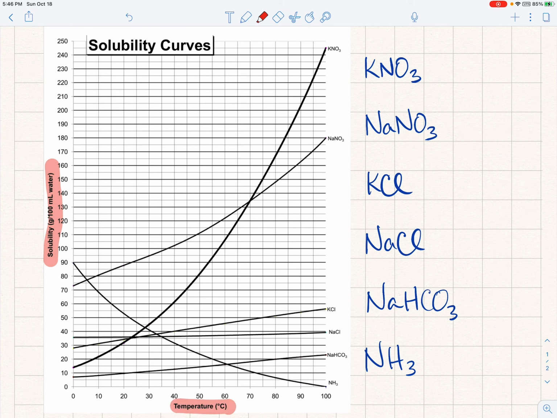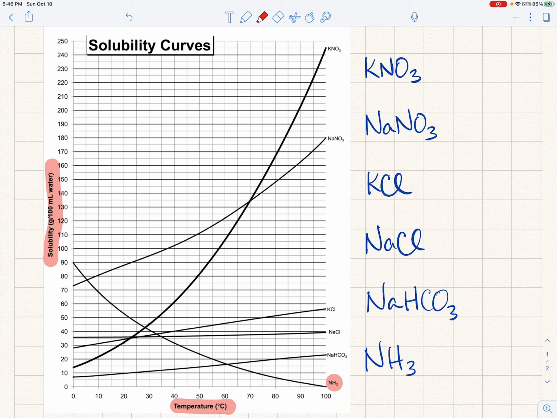Now the x-axis is showing us temperature in degrees Celsius. So therefore we're looking at how the solubility is changing as you increase the temperature. Now for almost all of the graphs, you can see there's an increase in solubility, although for one, the one at the very bottom on the right hand side, the NH3, it's showing a decrease in solubility.